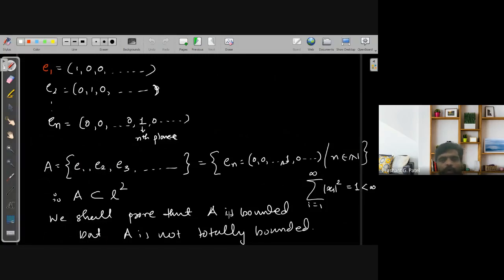Now if I want to prove that it is bounded, then I have to prove that every pair of points in this will have a finite distance. So for that, let us take this e_i and e_j belonging to A, for any i, j in natural numbers n.